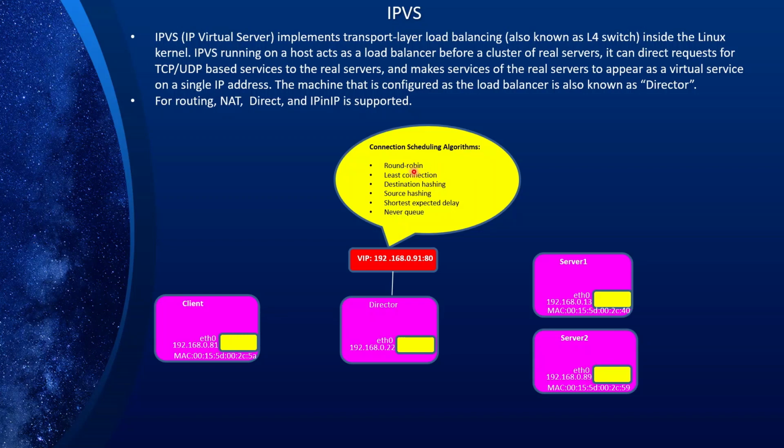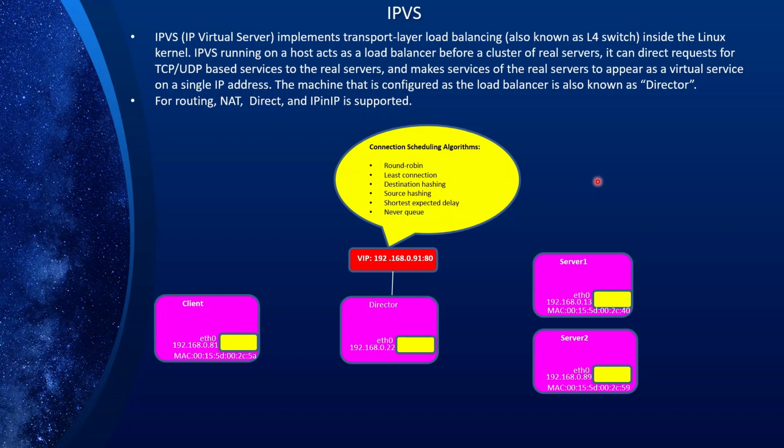Round robin is the most popular one, but may not always be the best option. This is another advantage of using ipvs: we have options here. If you use iptables, you're stuck with round robin. But there are other options such as least connection, destination hashing, source hashing, shortest expected delay, and never queue. So these are other options that can be used.